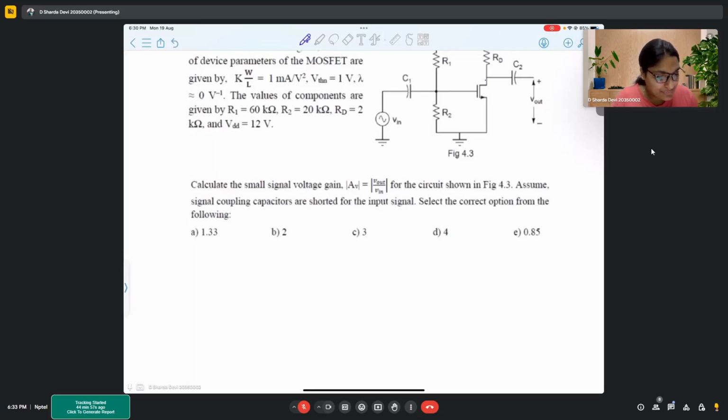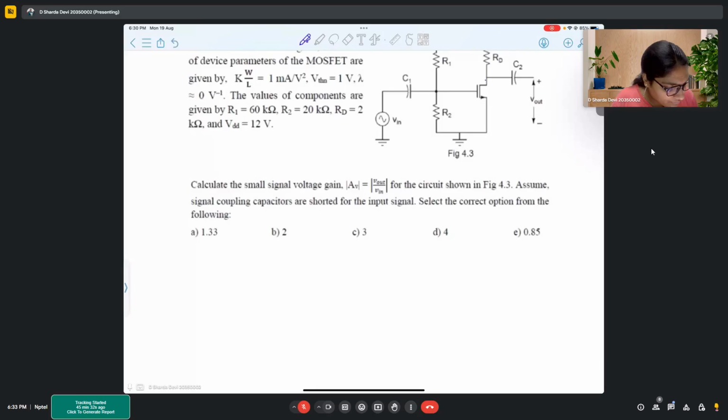It is very easy to observe from even your small signal model as well. So if this is gate, this is drain, this is source. So source is grounded, and from gate you are giving your input. This is Vin. Here you have R1 parallel R2, parallel plus minus VGS.